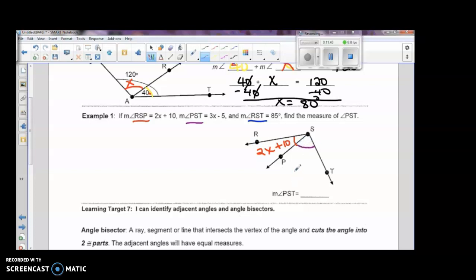We do different colors so that you can see where one piece ends and the other begins. So 3x minus 5 over there. And then this whole big angle, yeah, we'll draw a super big arc. And that is 85 degrees.